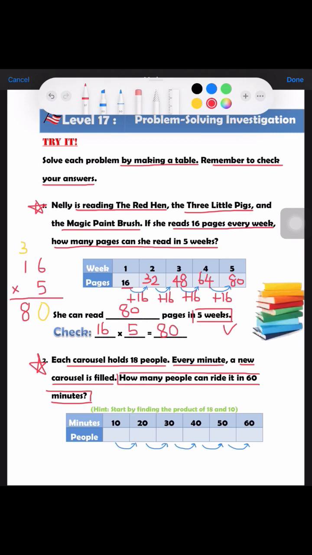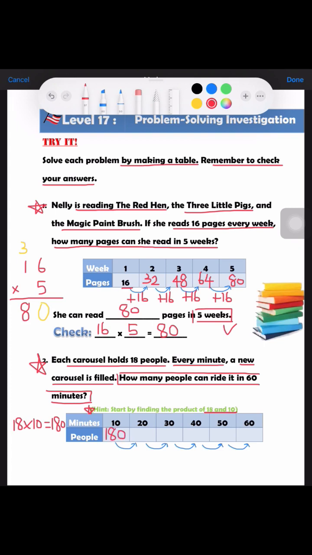We can find the answer by starting with the product of 18 and 10. That means we try to find the number of people in 10 minutes. So 18 times 10 equals 180. So in 10 minutes, it can hold 180 people.